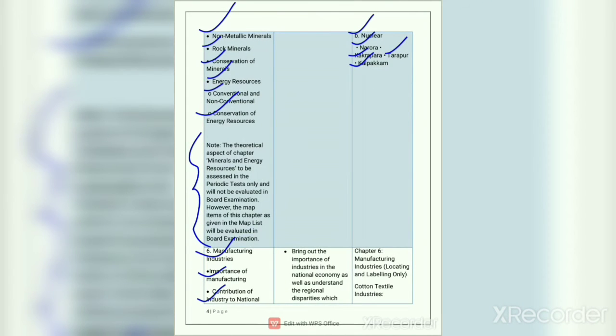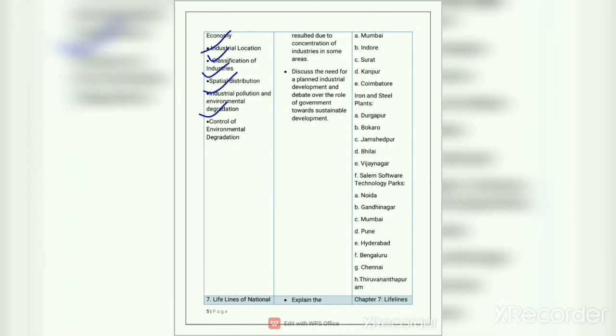After reading this chapter you will be able to bring out the importance of industries in the national economy as well as understand the regional disparities which resulted due to concentration of industries in some areas. Secondly, you will be able to discuss the need for a planned industrial development and debate over the role of government towards sustainable development.